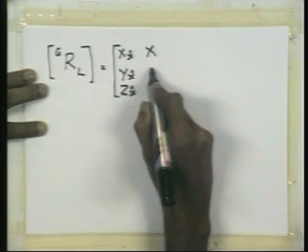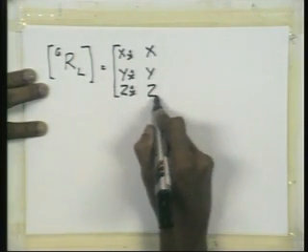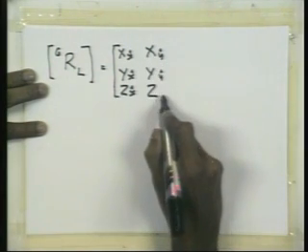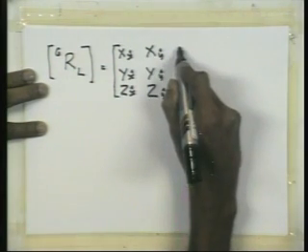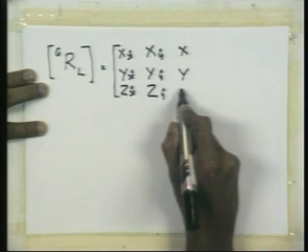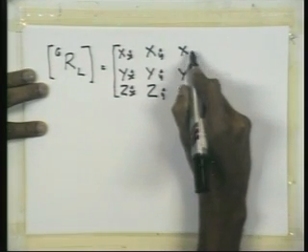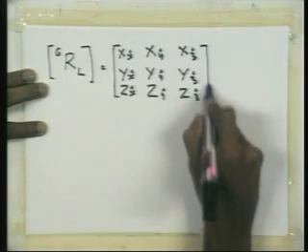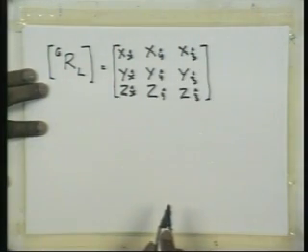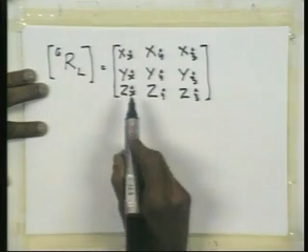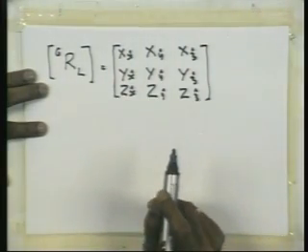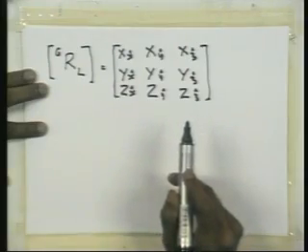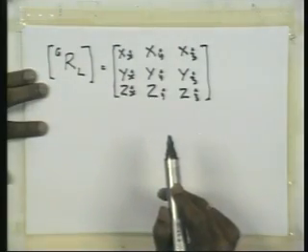Similarly, the unit vector in the local y direction, and then finally the unit vector in the local z direction. Now I said that this is an orthonormal matrix. That is, these columns are orthogonal, mutually orthogonal, and they are normal vectors. They are unit vectors.